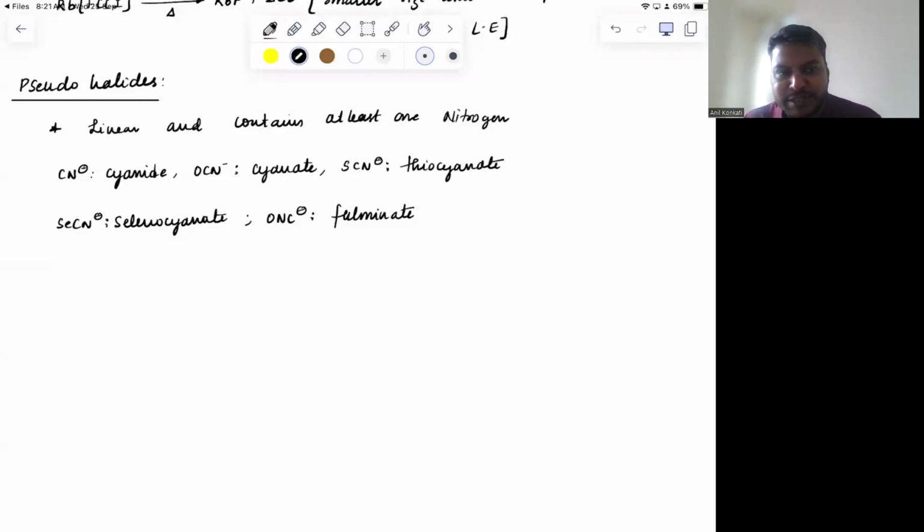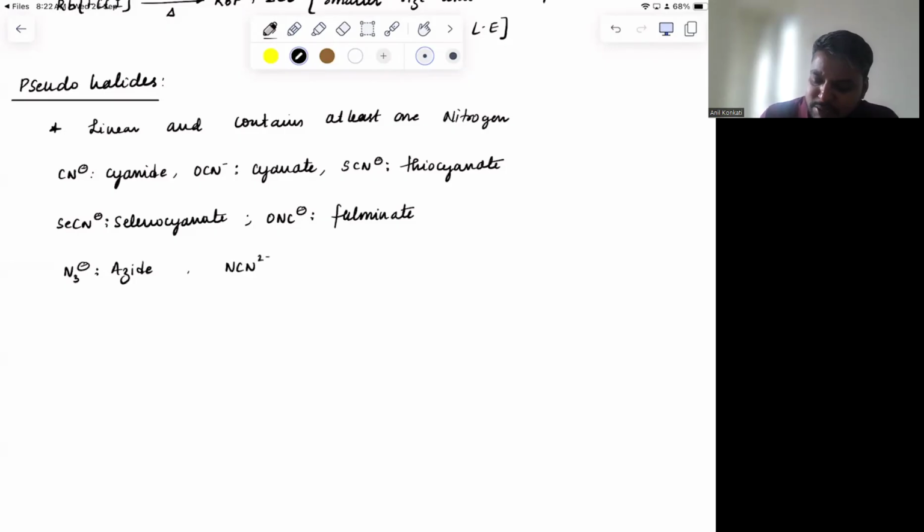C is always at the center, although I have written it as ONC minus. C will be at the center. Next, N3 minus is called azide. N3 minus is azide. NCN 2 minus, this is cyanamide.